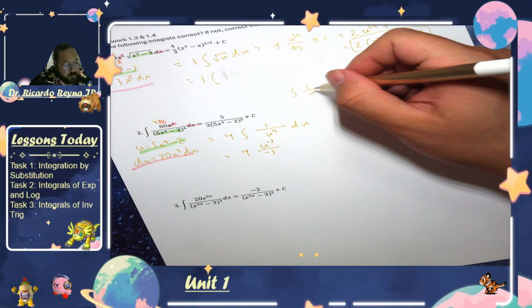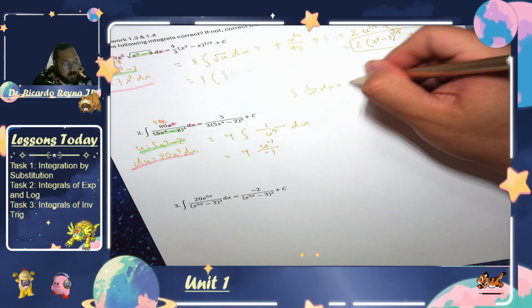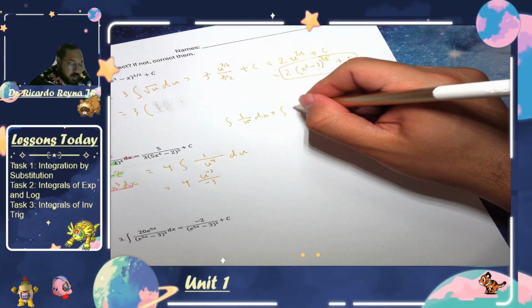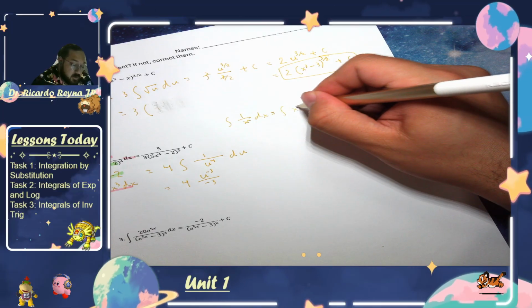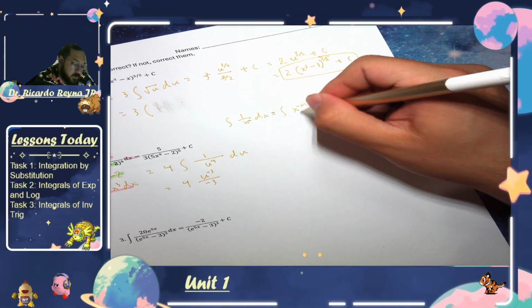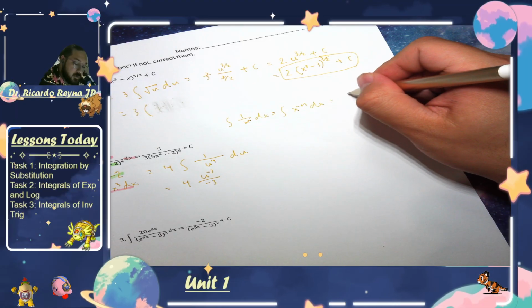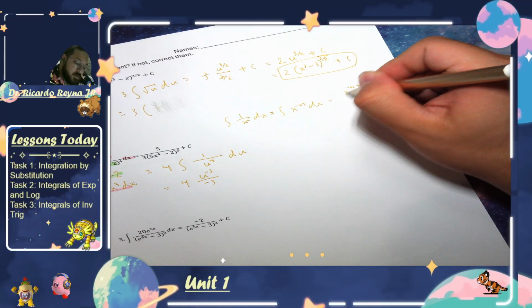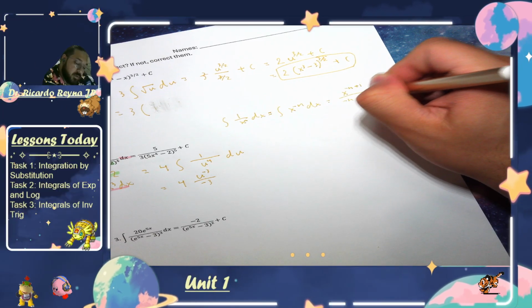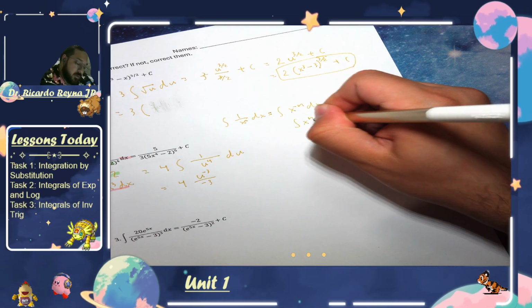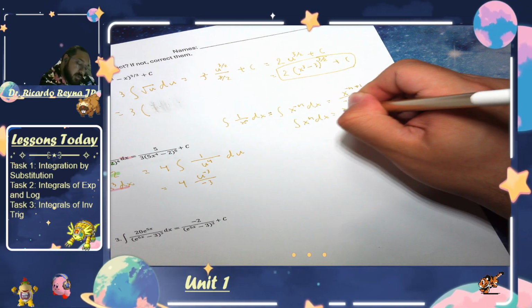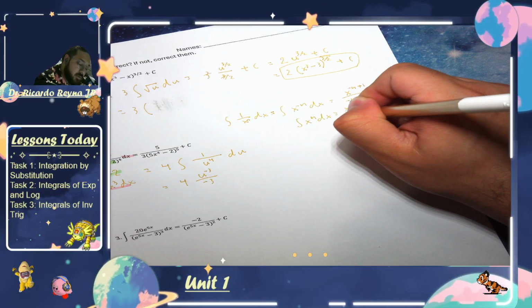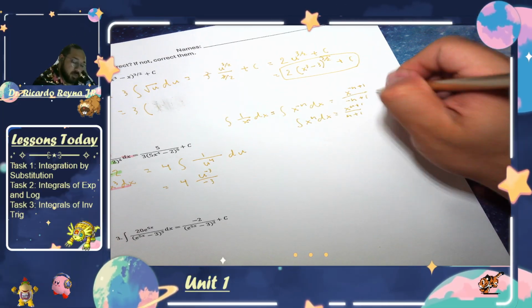Okay, I did the step wrong where I showed you like this. I wanted to show you like this, because for any constant, you're just going to go ahead and do x to the negative n plus 1 over that negative n plus 1, because the rule is actually x to the n plus 1 over n plus 1. Oh, plus c.